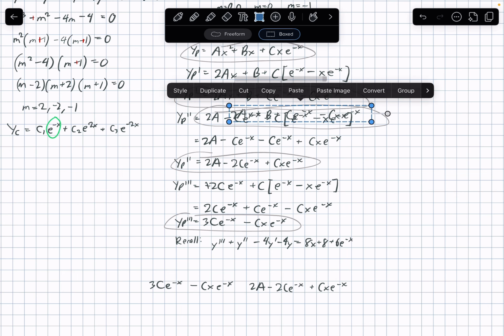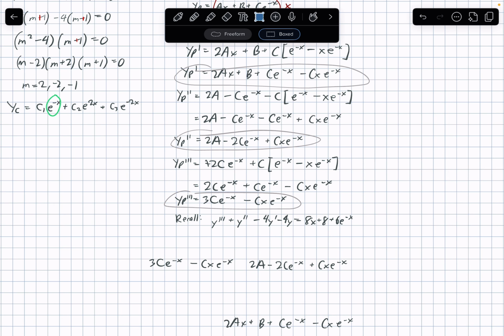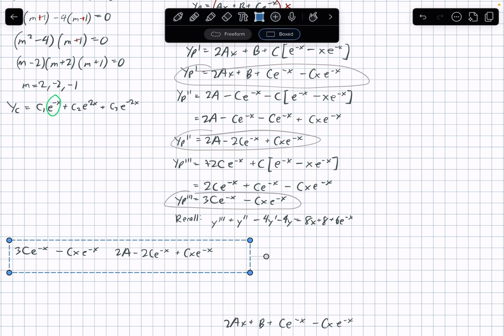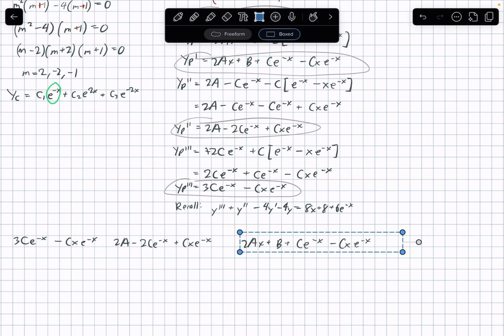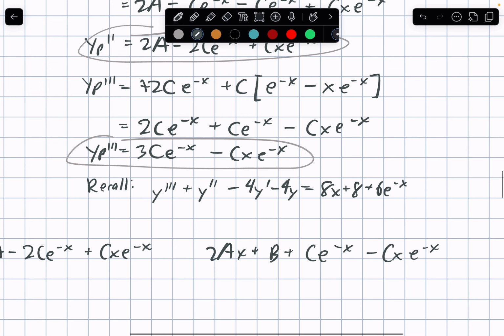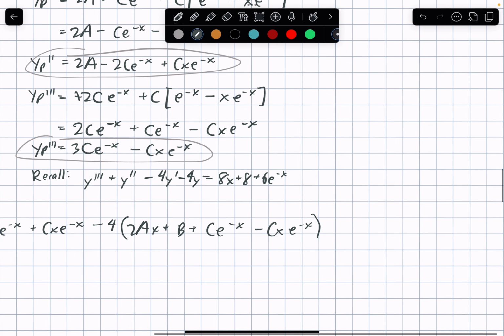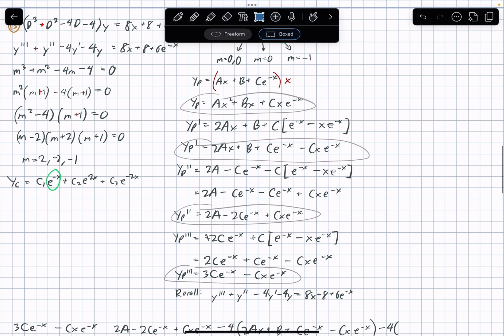This is y prime. Oh yeah, by the way. So that's going to be minus 4 and then the y prime. Same thing for the y. Minus 4y.